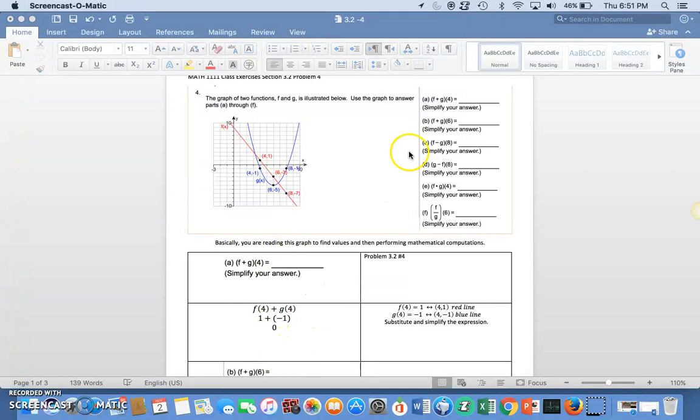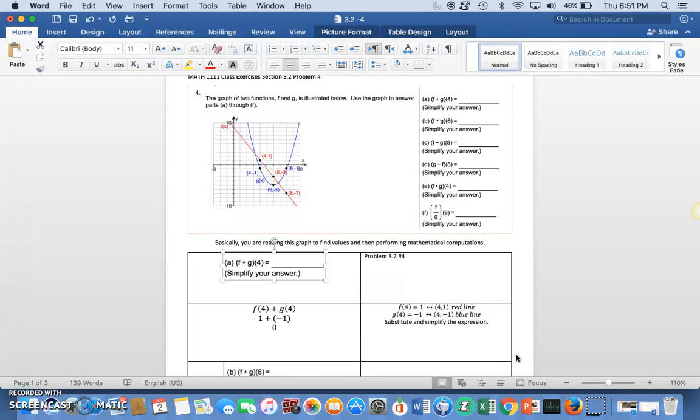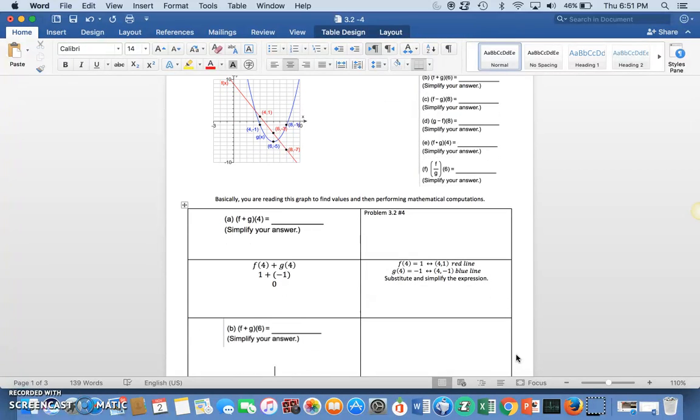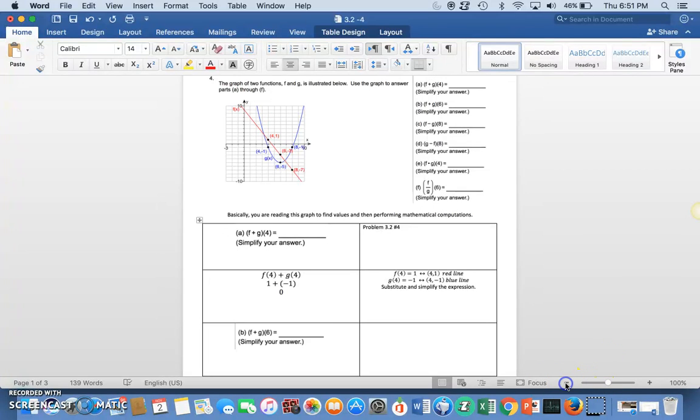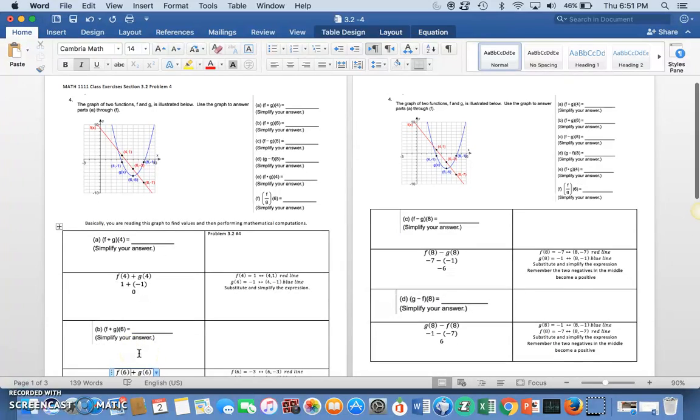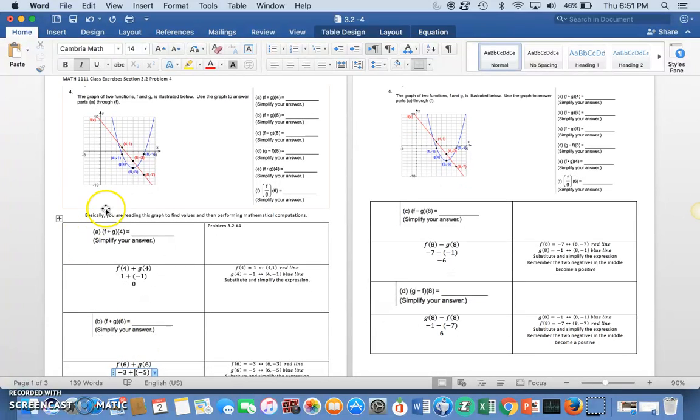Then the next little thing that you're supposed to do for b is f plus g of 6. So you're going to do basically the same thing, except instead of having a 4 that you're going to look for, you're going to be looking for the 6. What are we going to have with 6?